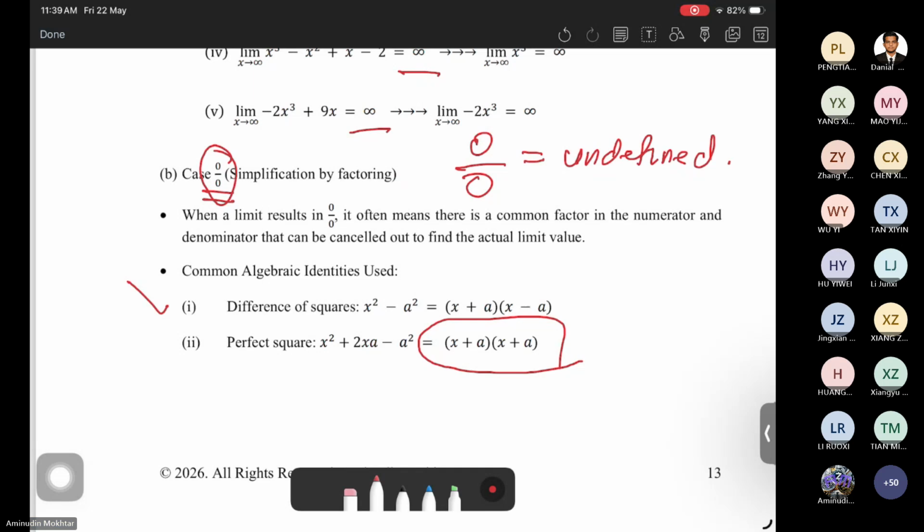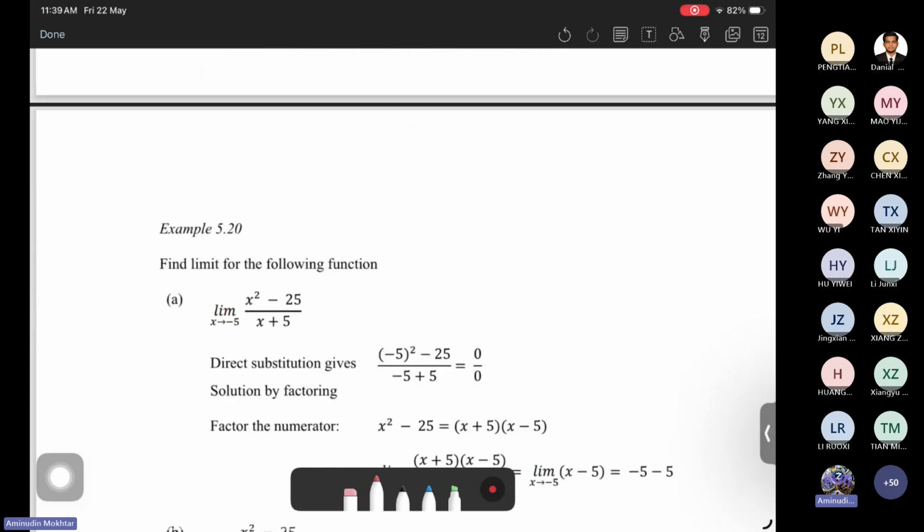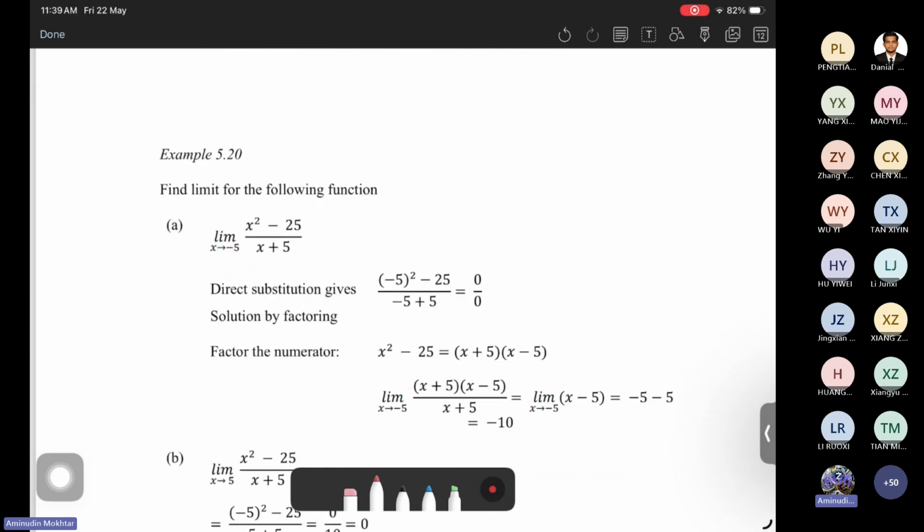Okay, this case is for when, at the first step, when we just follow the rule of limits, we find 0 divided by 0. In this case, we need to factorize and simplify the equation. For example, let's say we have this limit: the limit when x approaches -5 of x squared minus 25 divided by x plus 5.